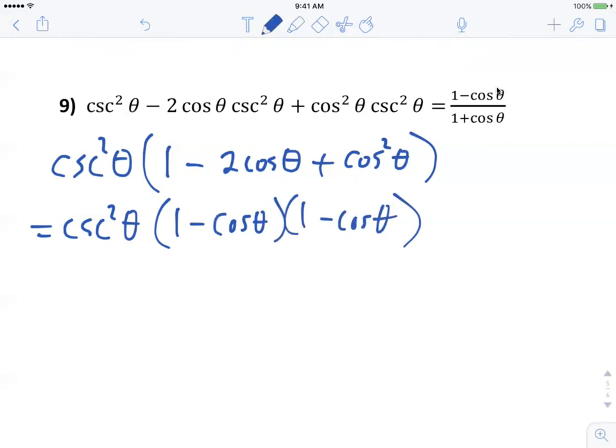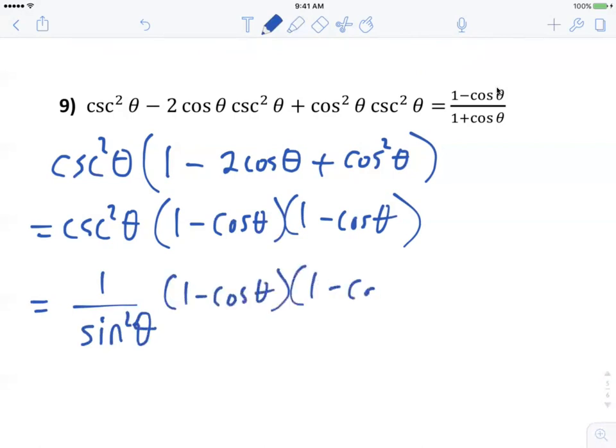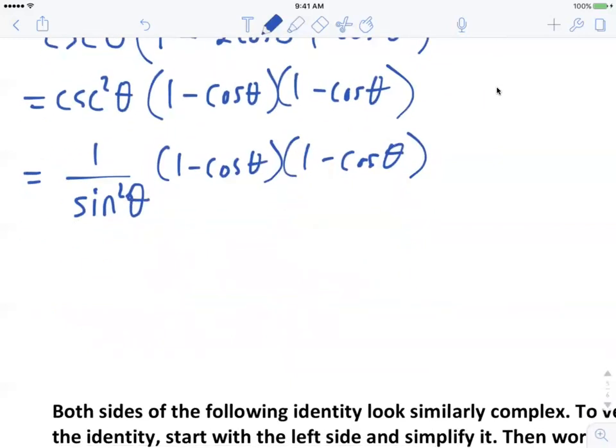Well, we got a 1 minus cosine theta. That's promising. Cosecant squared is 1 over sine squared. All right, so I can use a reciprocal identity. And then sine squared, a Pythagorean identity is 1 minus cosine squared.